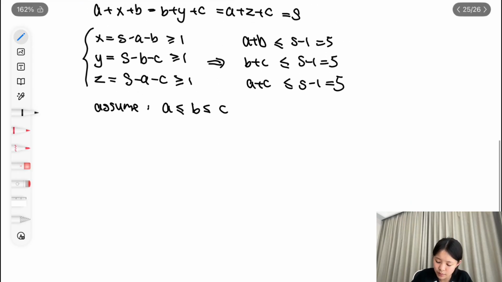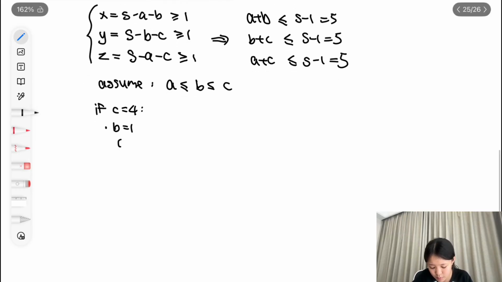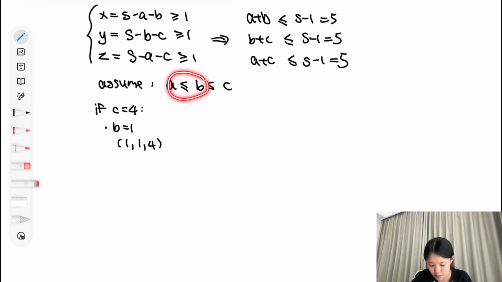So because we have 5 as this, and because C is the largest number, we can start out with the number 4. So if C equals 4, then B can only equal 1, since it has to add up to be less than or equal to 5. So we get the solution of 1, 1, 4, since A also has to be less than or equal to B. So we do the same thing for all of the C's, using C as our anchor for this problem.